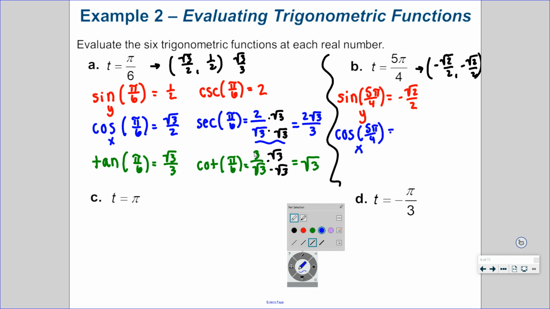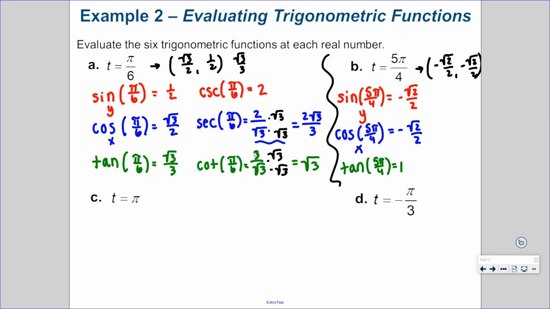The x coordinate. Tangent? Positive 1. Look, that's what we listed on the outside of that number. But that one's easy.